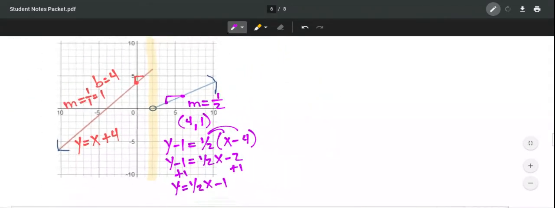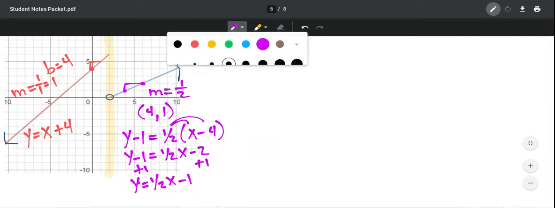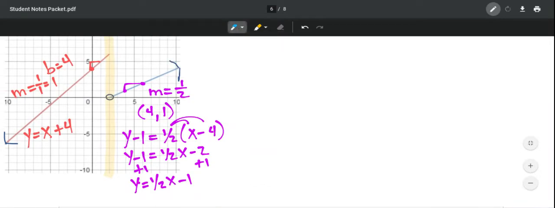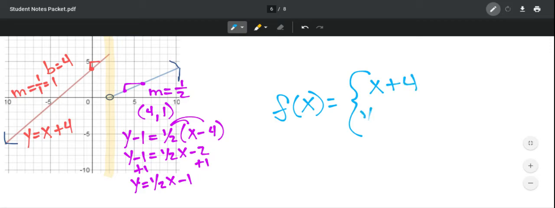So now we have our two pieces. First one is x plus 4. Second one is 1/2 x minus 1. Now we need to find our domains.